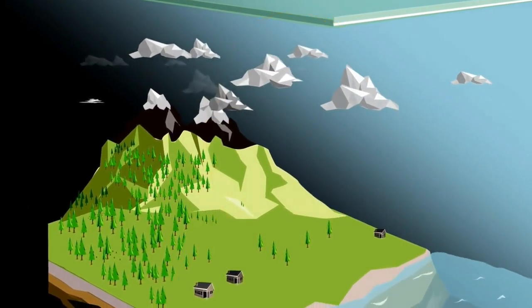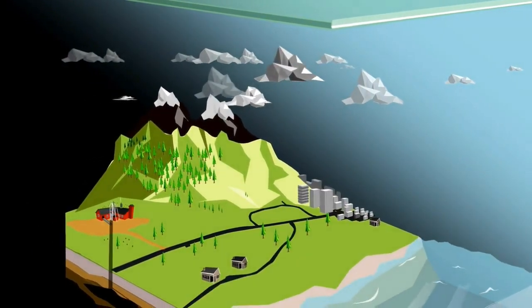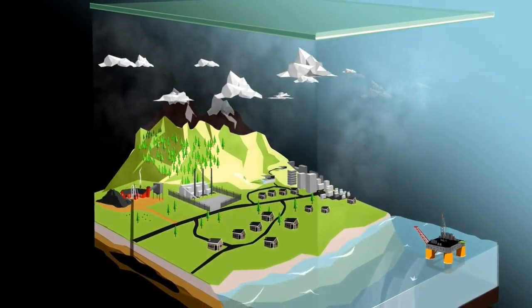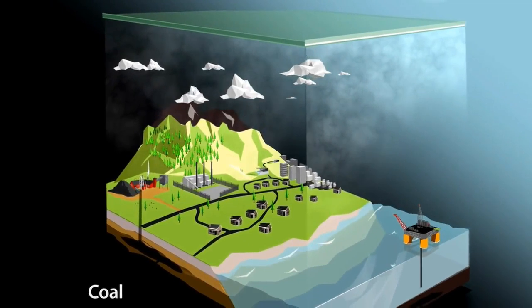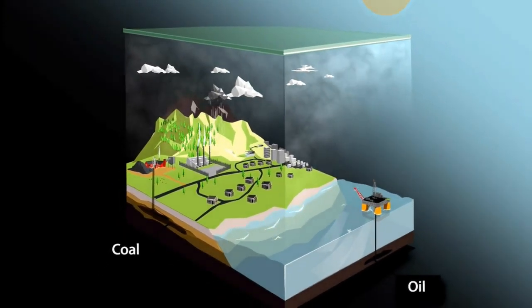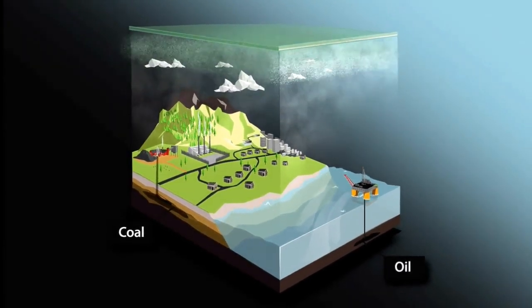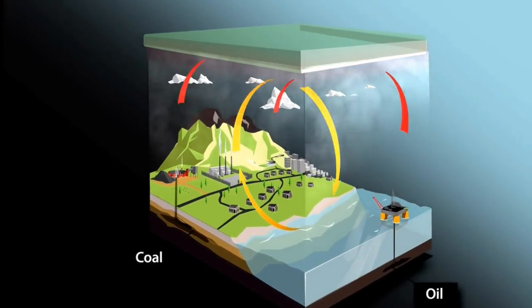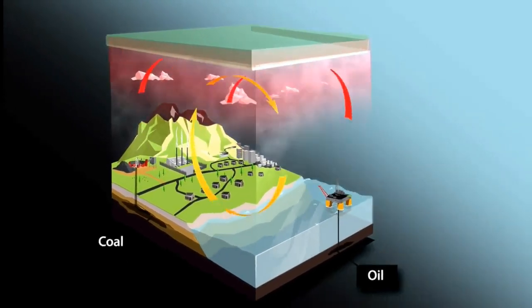more or less constant. But with the Industrial Revolution, humans began to dig up and burn huge amounts of fossil fuels. This long-buried carbon that would have taken millions of years to enter the atmosphere is now being suddenly released in a geological instant. Together with deforestation, this has upset the natural balance of the carbon cycle.